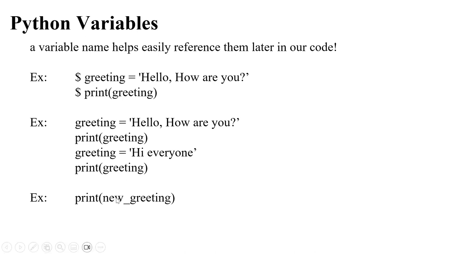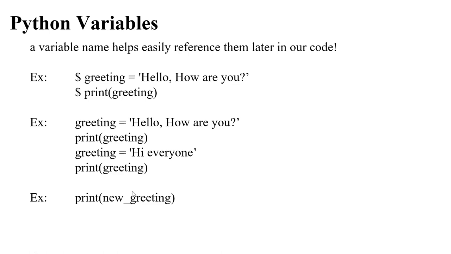And if I execute this statement, what is the value? So here, what is the output we are going to have? Yes, that is the error, because the variable new_greeting is not yet defined, but you are trying to refer to it.